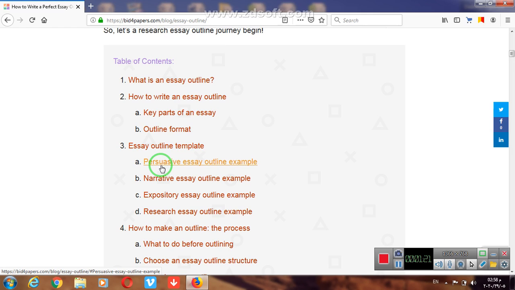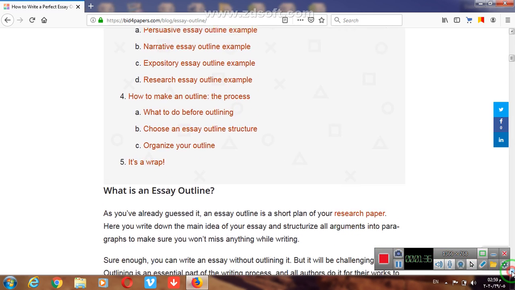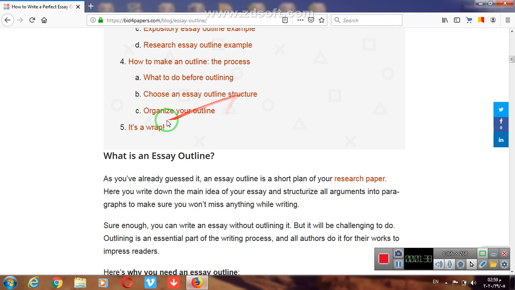We will see an outline template for persuasive essay, narrative essay, expository essay, and research essay. How to make an outline, the process: what to do before outlining, choose an essay outline structure, organize your outline, and it's a wrap. Let's start with what is an essay outline.